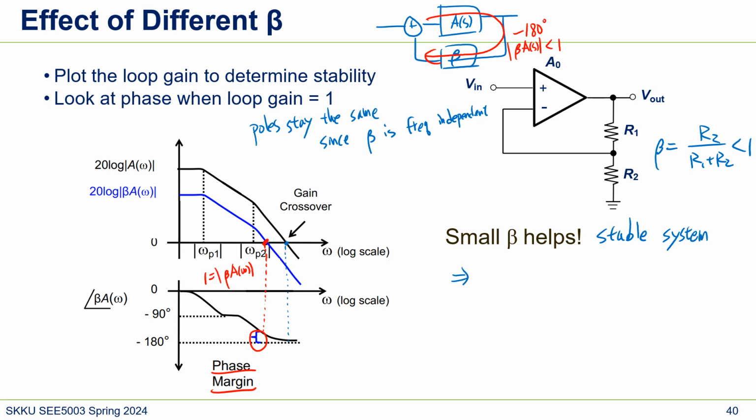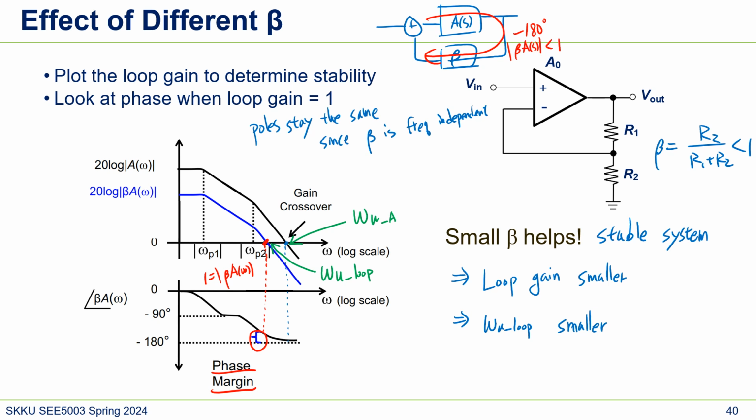What happened is the loop gain is smaller, which means that omega unit, the unit loop gain frequency, is smaller, right? Here this is the unit gain frequency of the open amplifier A, but this one will be the unit gain loop frequency.